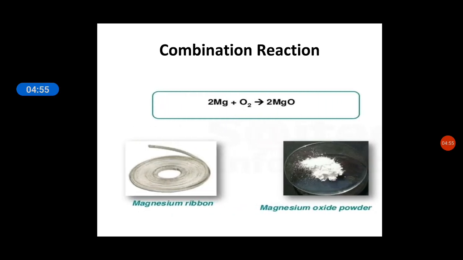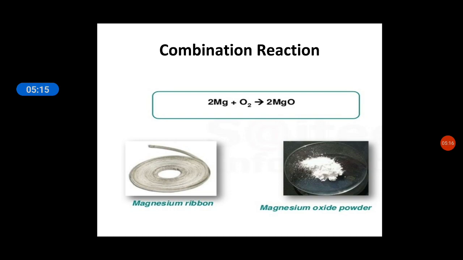Now when we talk about the combination reaction, just see this example of the magnesium ribbon, that means Mg, when it reacts with oxygen. What is it going to give rise to? It gives rise to MgO, magnesium oxide powder.